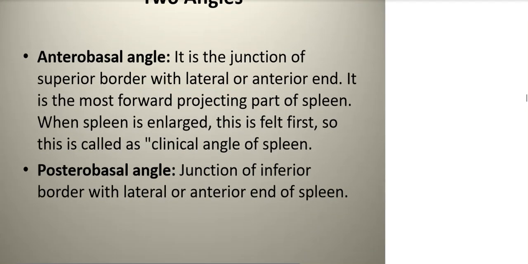The two angles are the anterobasal angle and the posterobasal angle. The anterobasal angle is the junction of the superior border with the lateral or anterior end. During enlargement of the spleen this angle projects, so it is also called the clinical angle of the spleen.